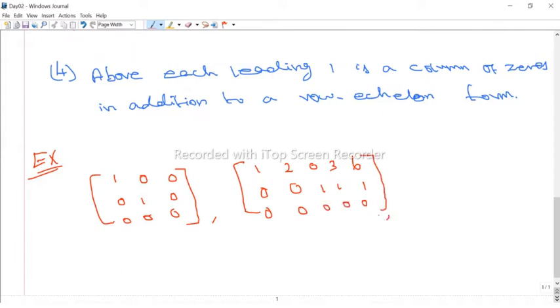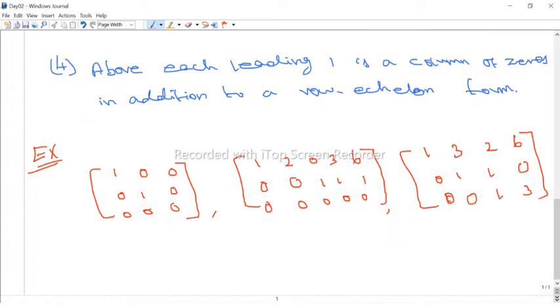Now I'm taking this third matrix: 1, 3, 2, 6, 0, 1, 1, 0, and then 0, 0, 1, 3. Suppose we have three matrices. Now, which one is row echelon form, which one is reduced row echelon form?